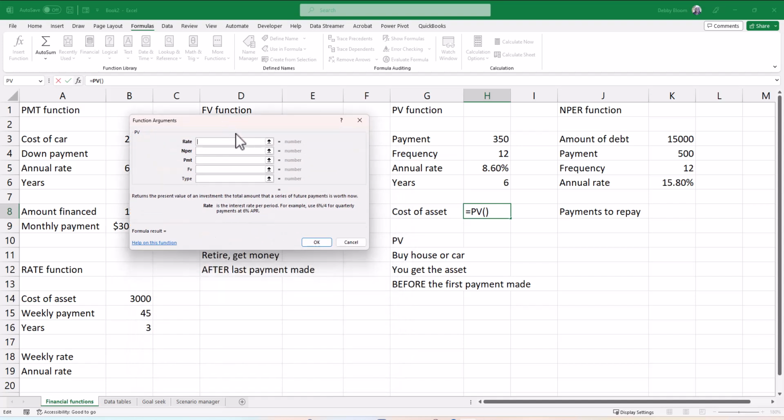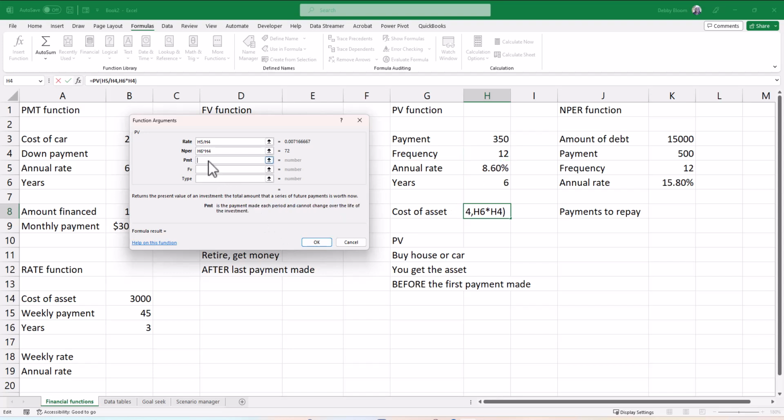So in this case, my rate is going to be 8.6%. So I'm going to click on the 8.6%, and then I'm going to divide by the 12 for monthly. So H5 divided by H4. Nper is the number of years multiplied by 12. So I'm going to take the 6 years, H6, and multiply that by the frequency, which is H4.